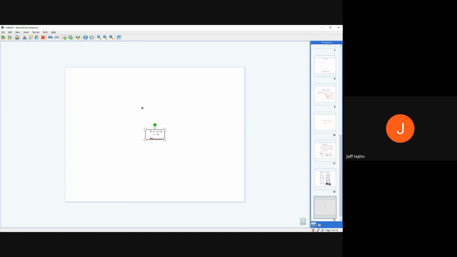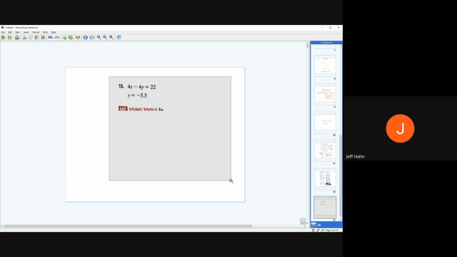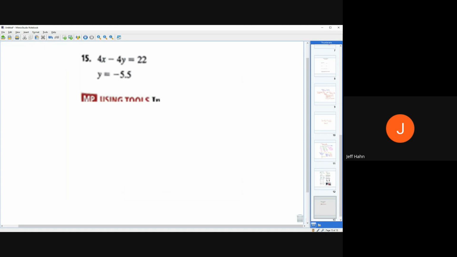Here is what you can see with problem number 15, and I'm just going to do this ill-advisedly freehanded. But first of all, one must speculate what is the graph of y equals negative 5.5. No matter what x is, y is always negative 5.5.